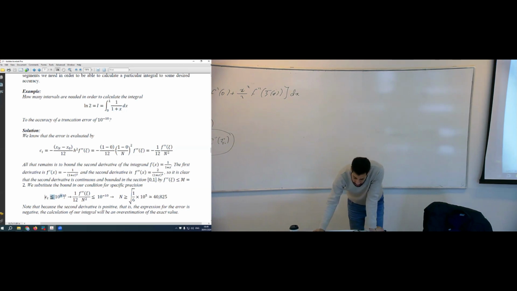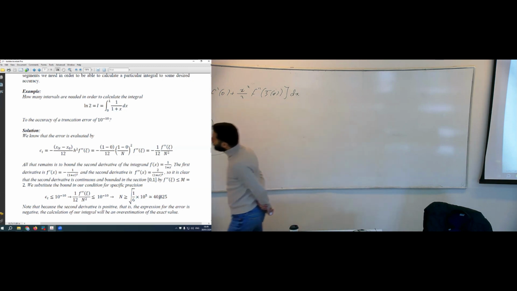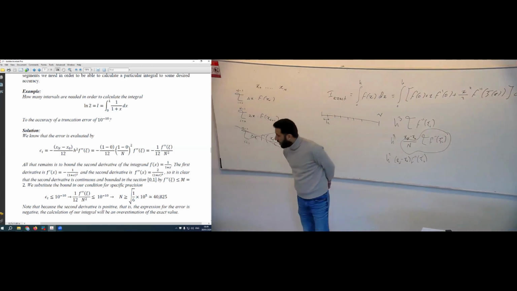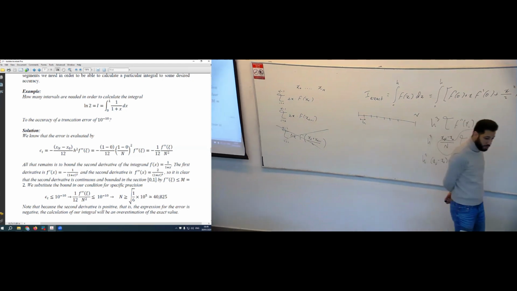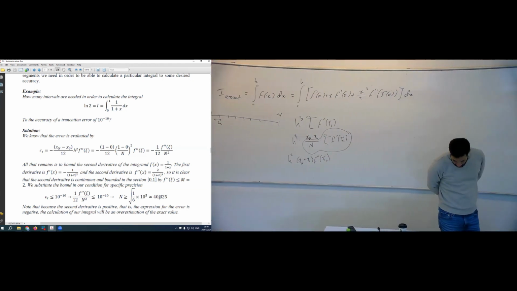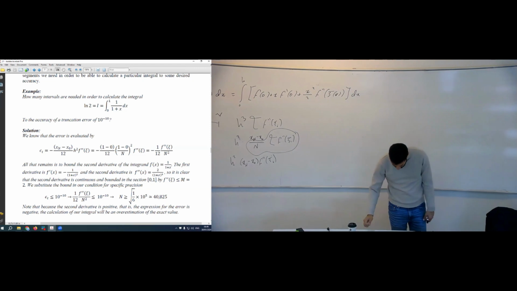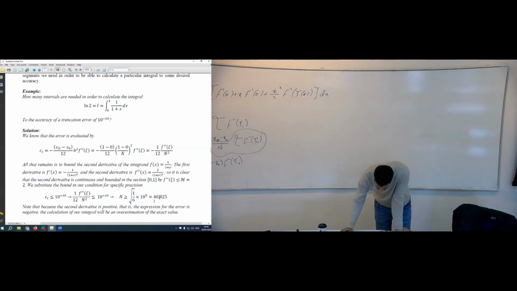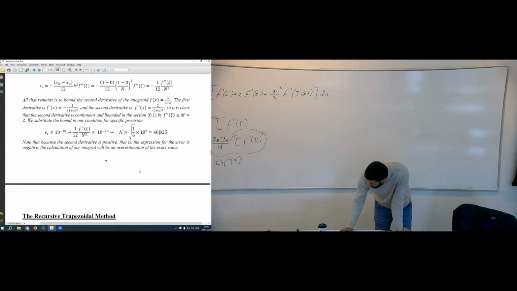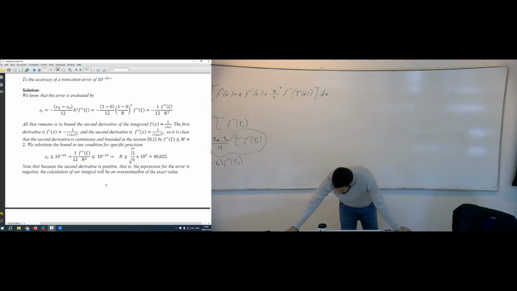And then if I want the truncation error to be 10 to the minus 10, so I demand this, and I take the maximum of it, then I get the minimum n that I have to take. So for example, if you take 50,000 points, you will be sure that the error will be smaller than 10 to the minus 10. Okay, any question?